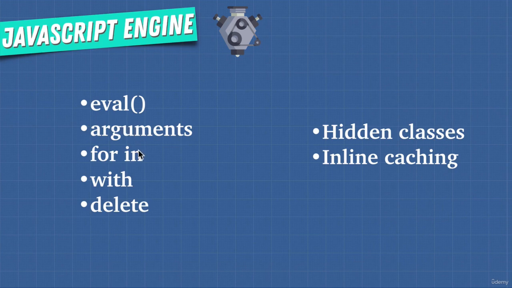The for in loop, for example, when looping over objects, can also be problematic sometimes. So I like to use Object.keys and iterate over the object keys that way. The with statement, which once again you don't see very often in the wild anymore, is another problematic one. And also the delete keyword in JavaScript can be problematic.